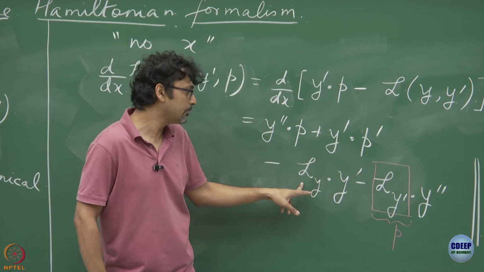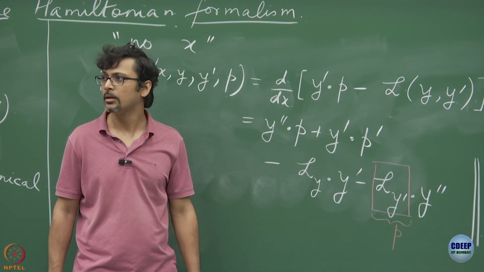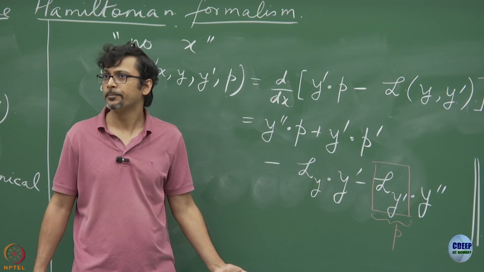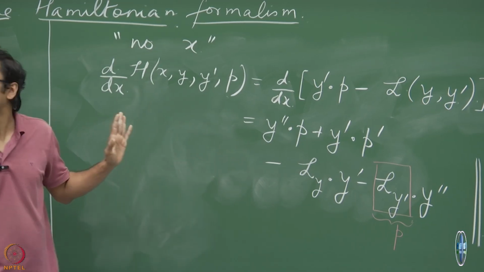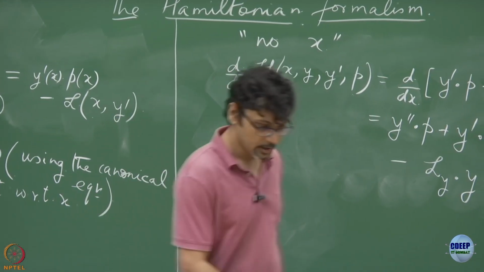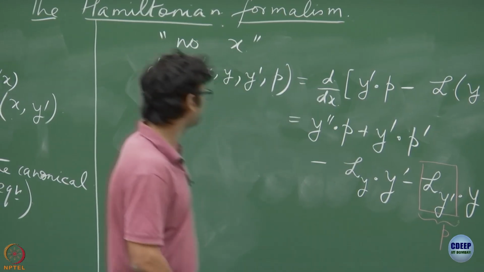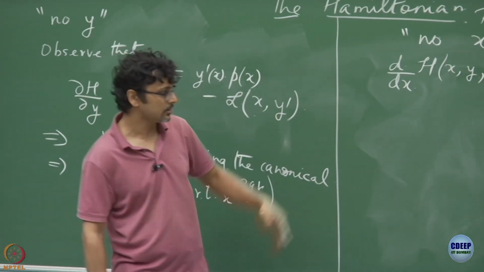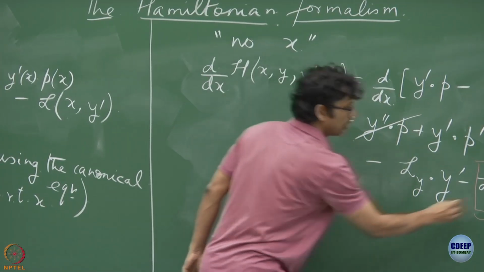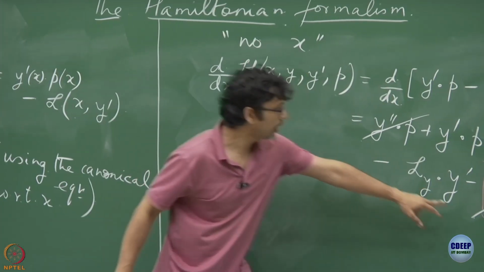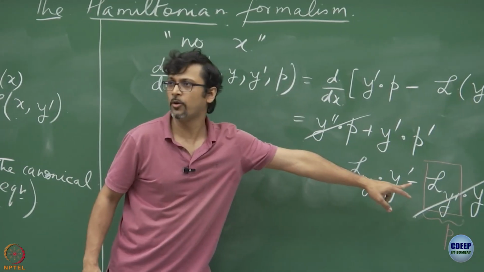But p prime is nothing but Ly itself. Isn't it? Is that clear? If not, please ask why this is. It's important to understand this, because this will immediately then lead us on. So this term and this term get chopped off. Very clear? Just straightforward here.